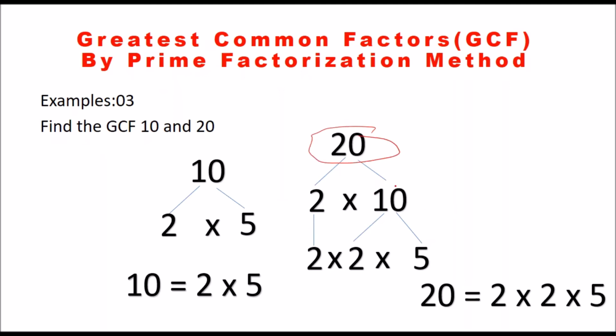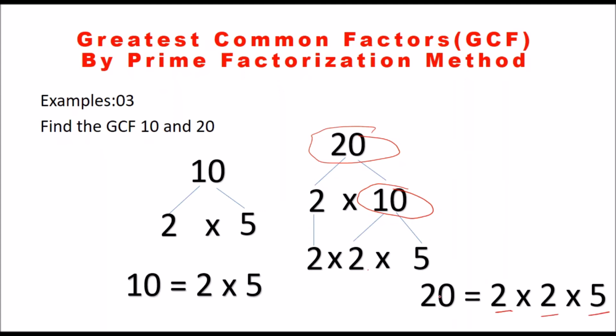But this 10 is also a composite number, so we divide it again into its prime factors, which are 2 times 5. Then the prime factors of 20 are 2 times 2 times 5.